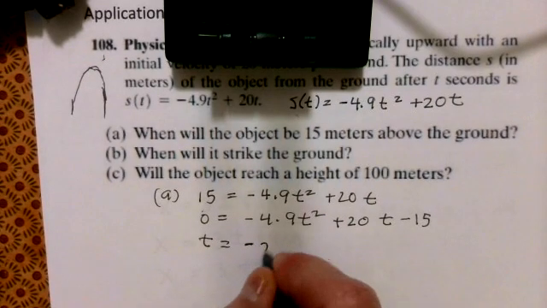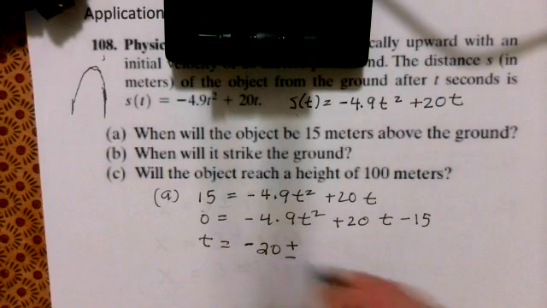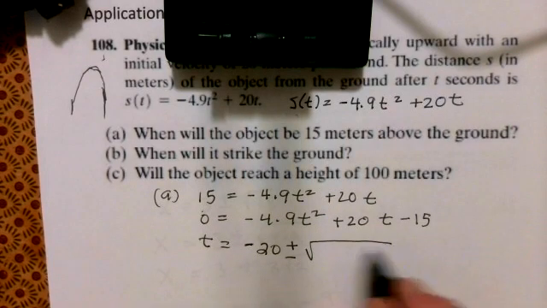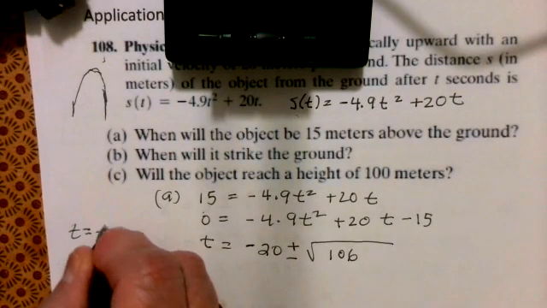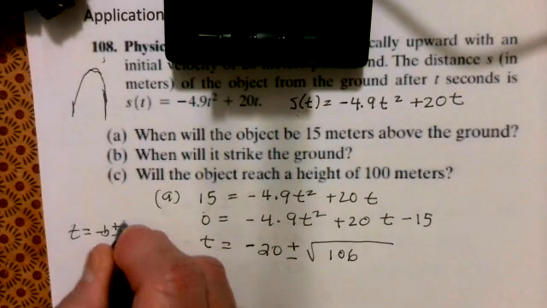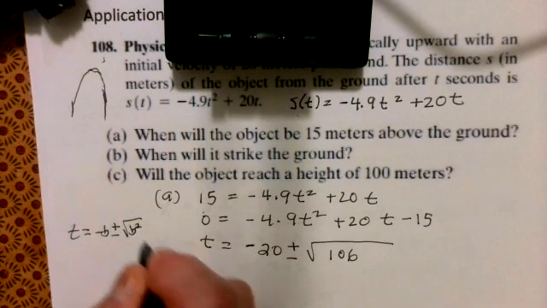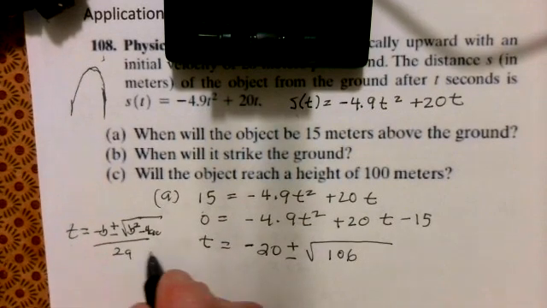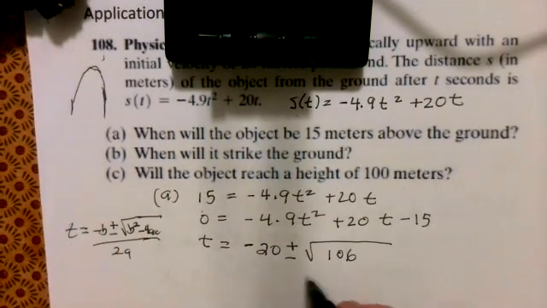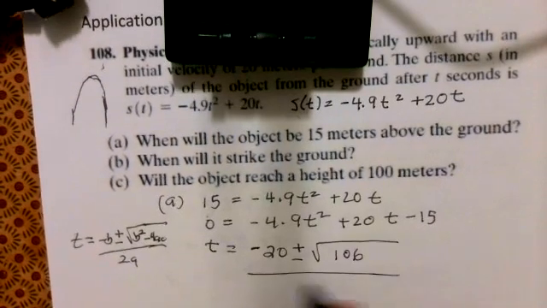So I'm going to go minus 20 plus or minus the square root. And this ends up being 106 when you use the quadratic formula. So t is going to equal minus b plus or minus the square root of b squared minus 4ac all over 2a. Okay, so I use the formula and I end up getting this.